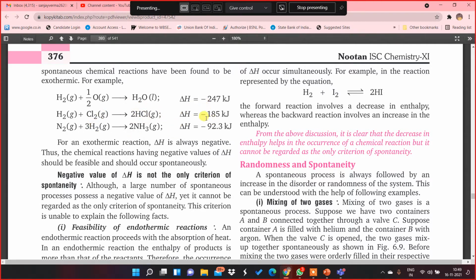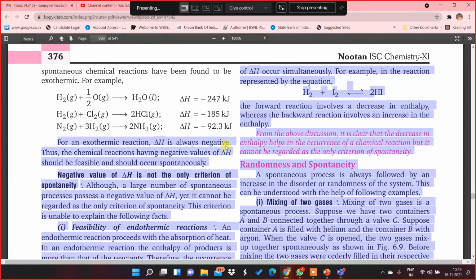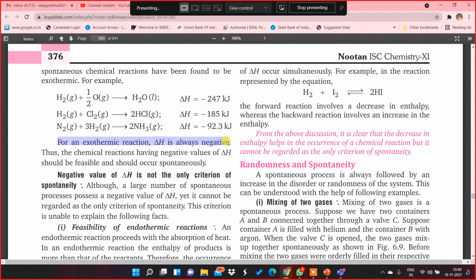For an exothermic change, there is a negative sign for delta H. Then the combination of nitrogen and hydrogen by the Haber process to give ammonia gas is also an exothermic spontaneous change. So for an exothermic reaction, always remember delta H is always negative. This is one sign condition you have to remember.